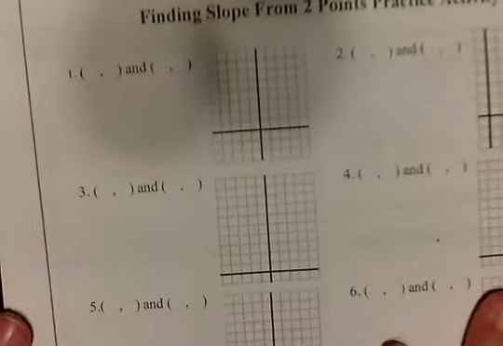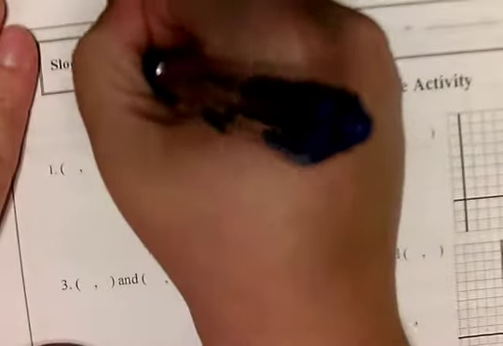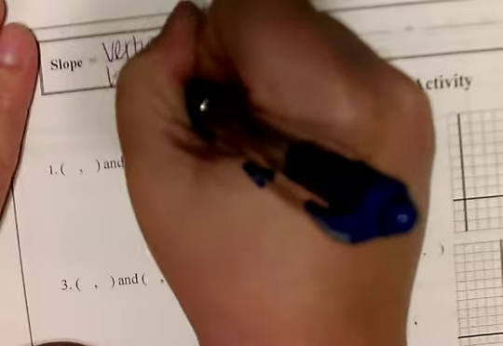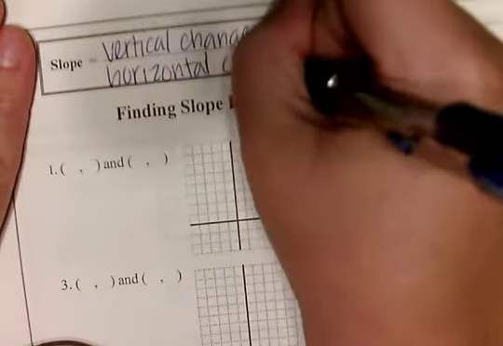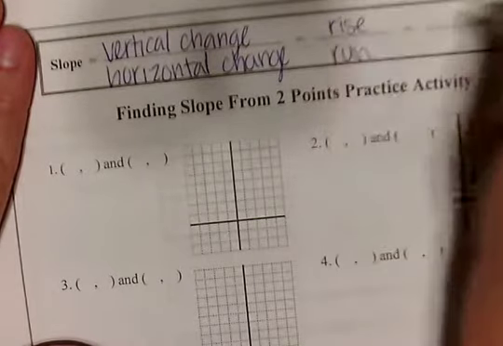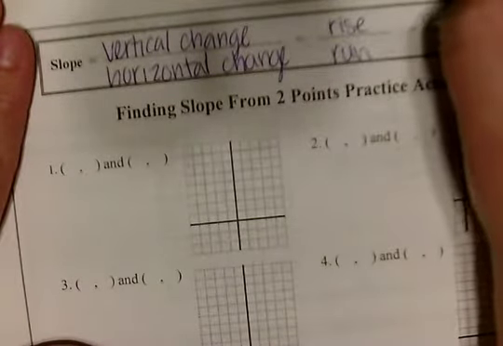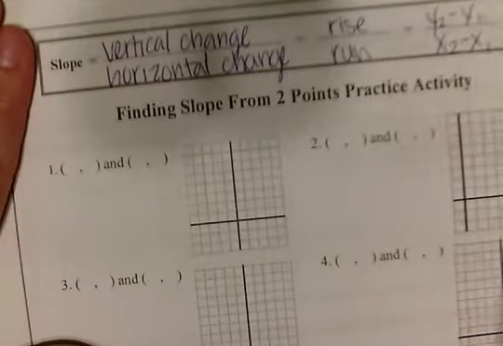Now on the next page, at the top it says that slope, remember, is a ratio of the vertical change to the horizontal change, which is also known as the rise over the run, or we can say y2 minus y1 over x2 minus x1.